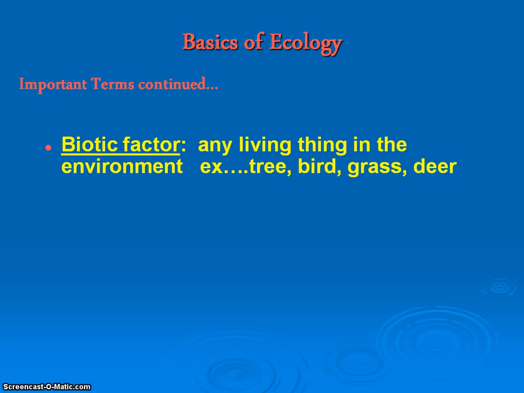Now, throughout the terms biotic and abiotic factors, this should be a review, but our biotic factors are just the living parts of the environment. Any living organism that is a part of a particular environment, whether it be the different types of grasses, the different types of bacteria, different types of insects, all the way up to your birds and your trees and your larger mammals, deer, elephants, so forth.